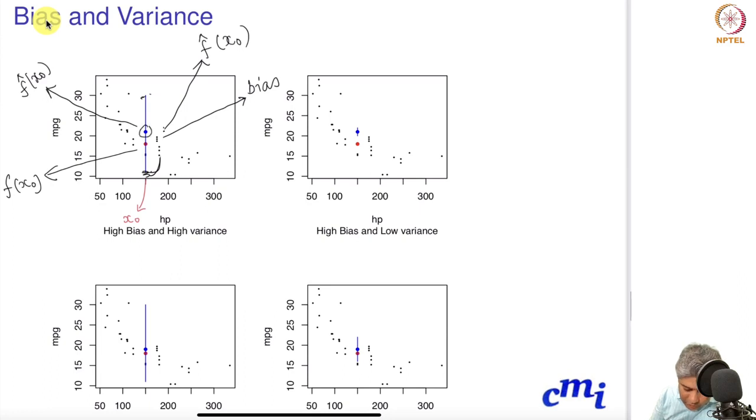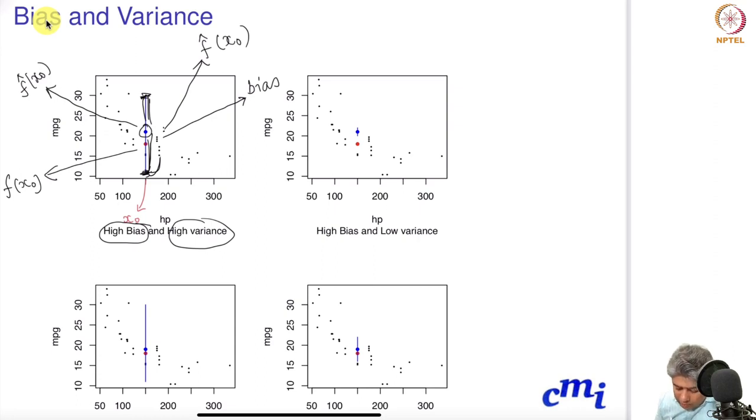So this could be the prediction, but the actual value could be anywhere in this range. The possible variability is very high. So this is a high bias and high variance situation.